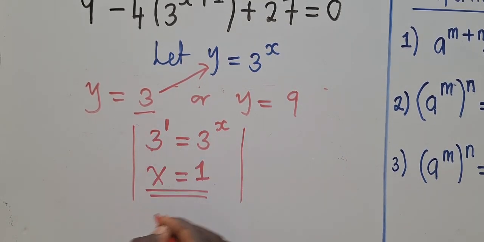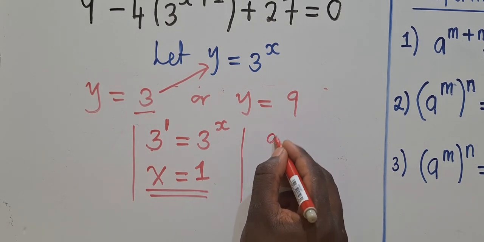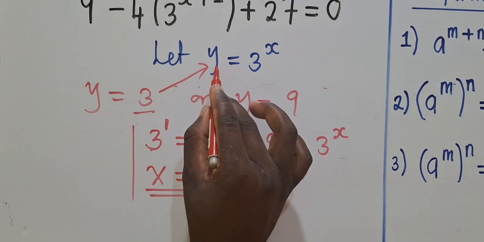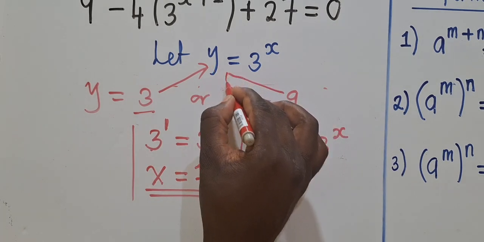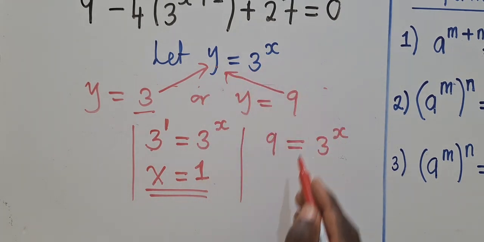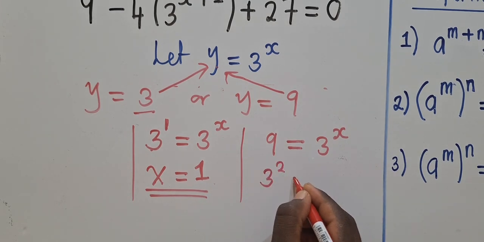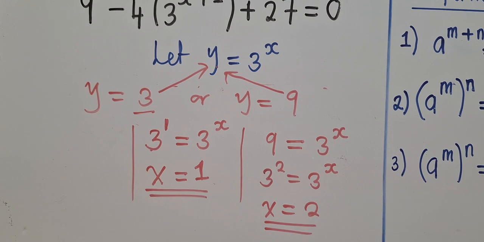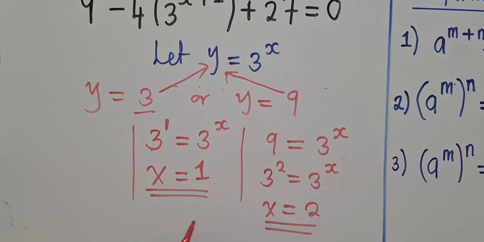This is one of the solutions. The other one, we shall write 9 is equal to 3 power x. We write a 9 here. Balance the bases. In this case, since the bases are the same, we can say x is equal to 2. So the two solutions for this equation are 1 and 2.